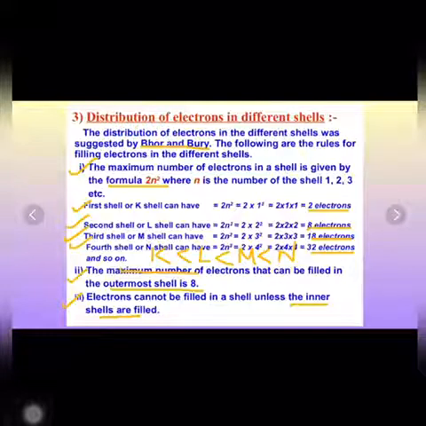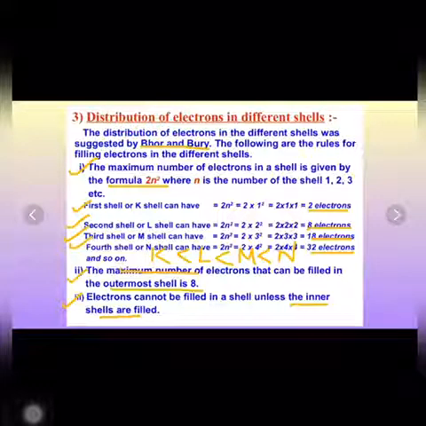As soon as there are 8 electrons in the outermost shell, the electrons will start filling up in the next energy shell. So these were the rules, or the scheme of Bohr-Bury, on how electrons are distributed in different shells.